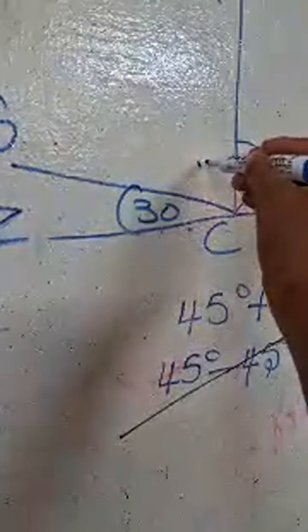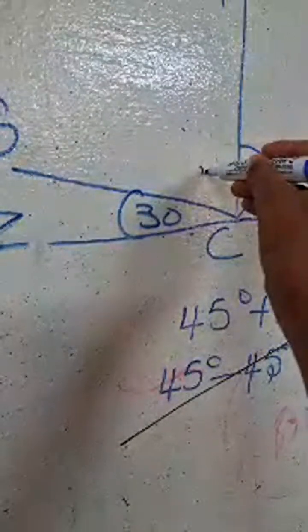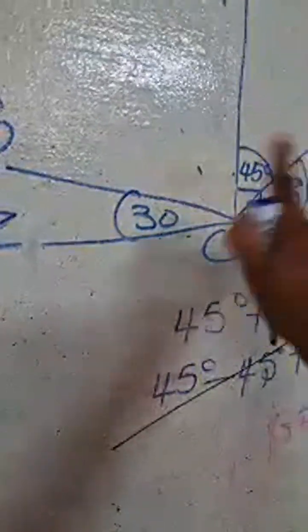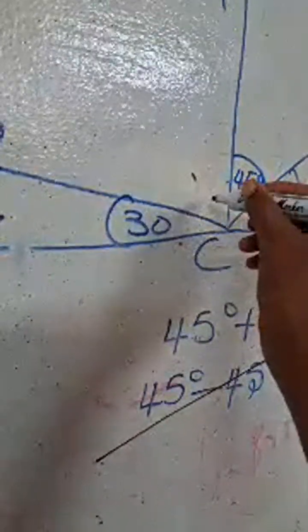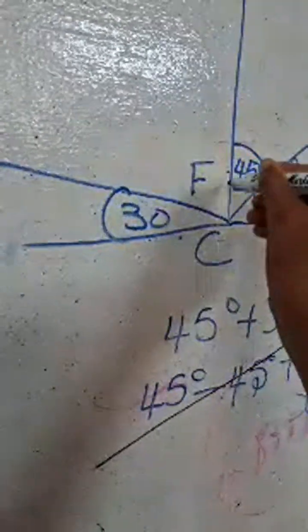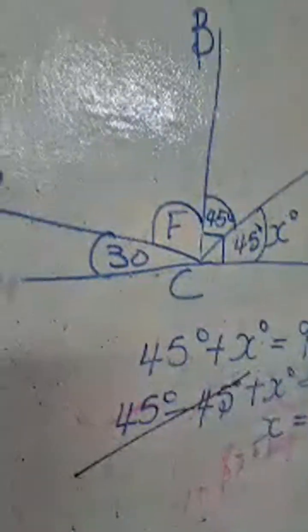S. So we have this big diagram now, and we need to find the unknown. We need to find angle F.